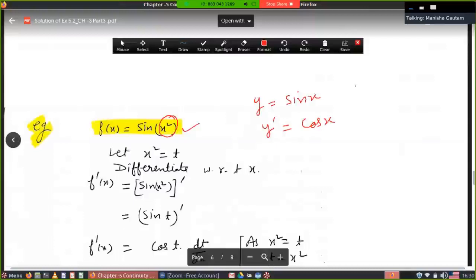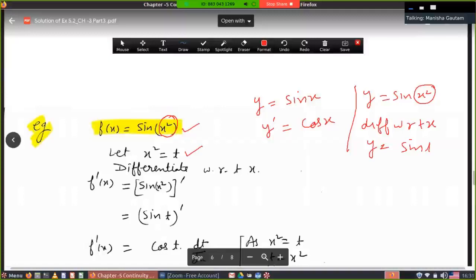It means it is something other than x. Sine of x square, so take x square as t. You are differentiating with respect to x. Suppose y is equal to sine t, because you have taken x square is equal to t.